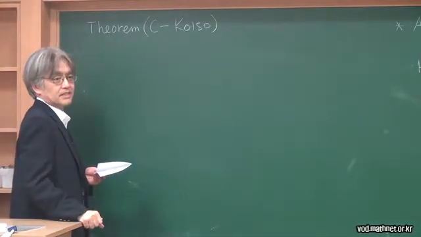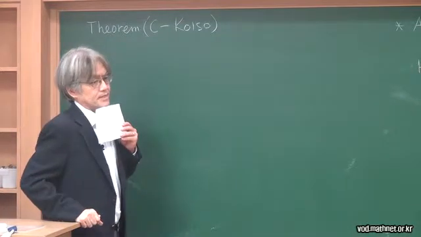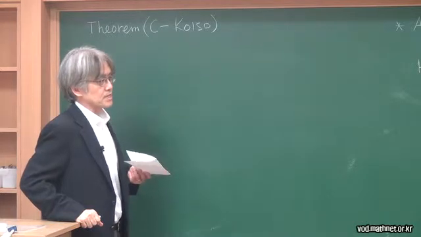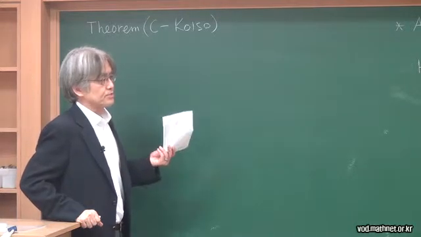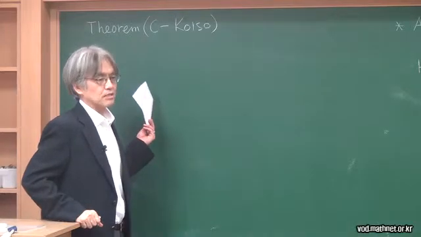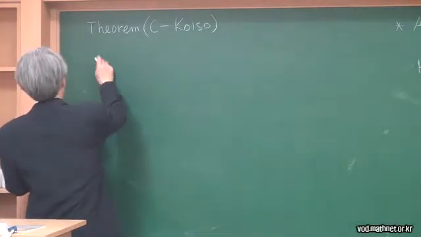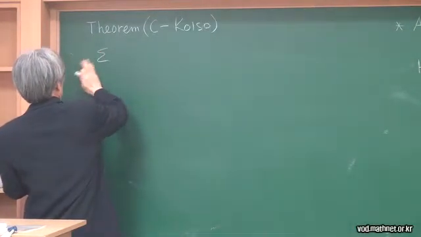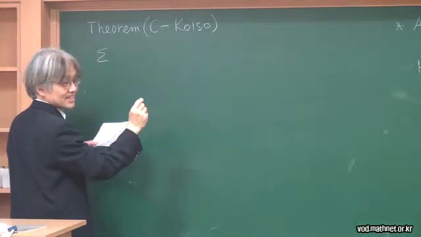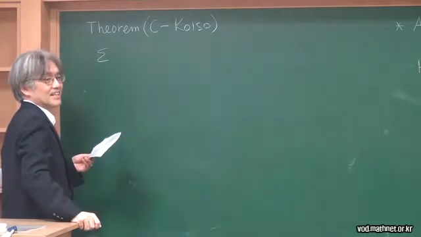Norihiko Koiso, the husband, is in Osaka, but the wife used to be at Nara University, and she moved to Kyushu University in Fukuoka. Both are geometers.